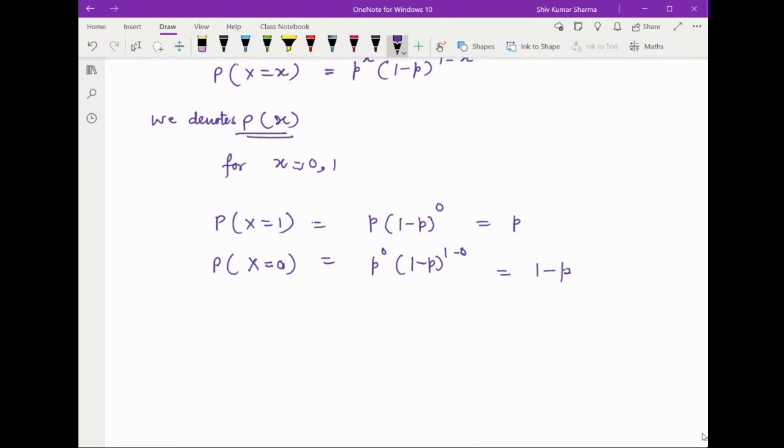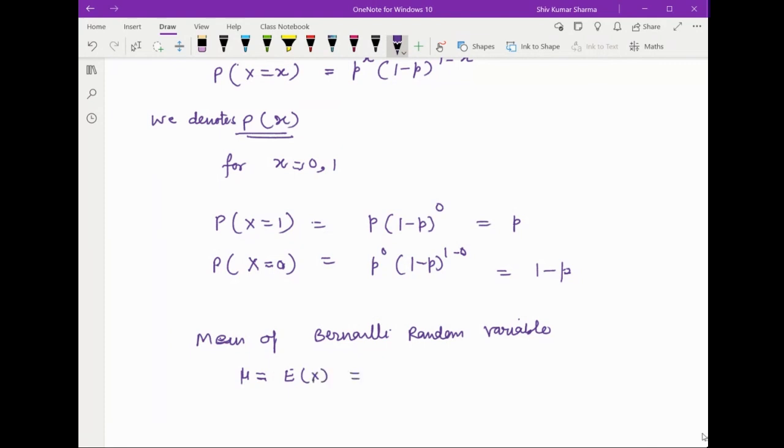Now, what is the mean of this Bernoulli distribution? When we calculate the mean of a Bernoulli random variable, the mean is denoted as mu, or you can write it as the expectation of x.